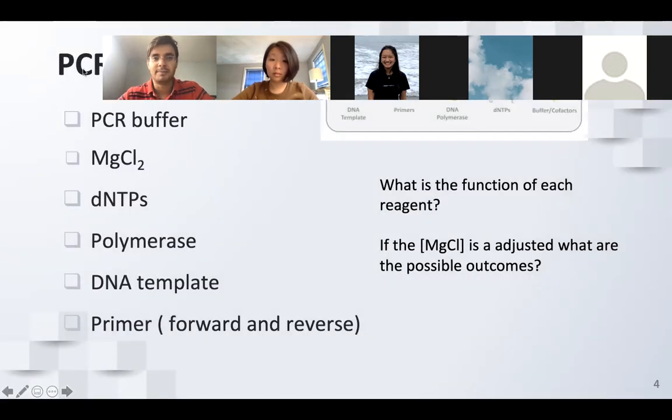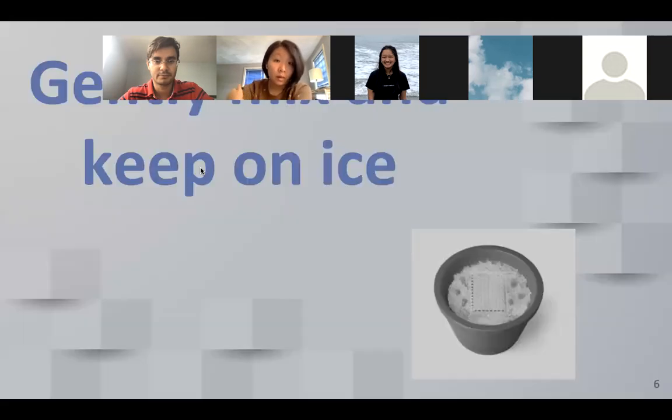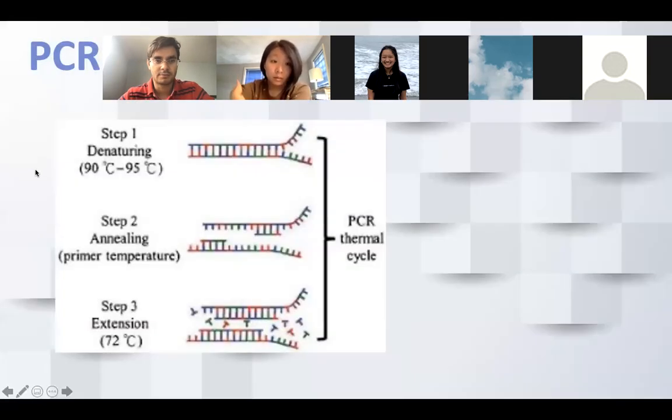These are the PCR reagents. You do not need to know that much about them right now. You need to know that PCR steps are 3: denaturing, annealing, and extension. Denaturing is the opening of the DNA double strand. Annealing is the hybridization of the primers. Why do the primers need to anneal?